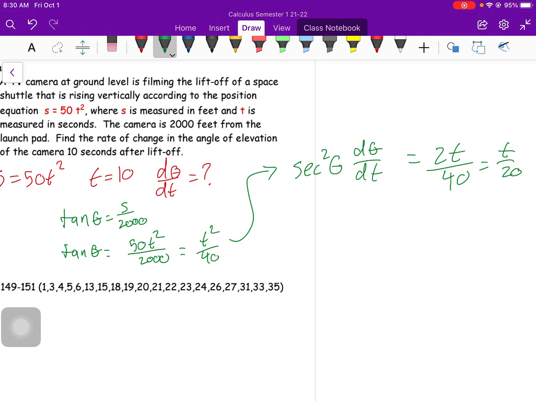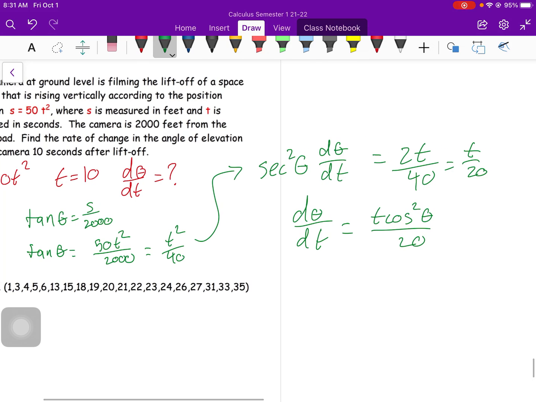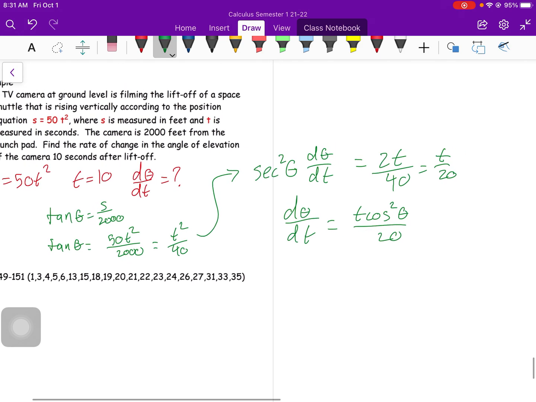Secant squared is 1 over cosine squared, so if I multiply both sides by cosine squared, I'm going to get t cosine squared theta over 20. And now I need to figure out, when time is 10 seconds, what is that angle going to be?